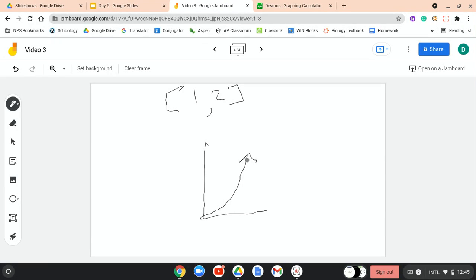There's a defined slope at every point between x equals 1 and x equals 2. You can see that at each point there is definitely a defined steepness. So we would say f of x is differentiable, which I'll write diff, on this interval, 1, 2. All right, so that's some terminology.